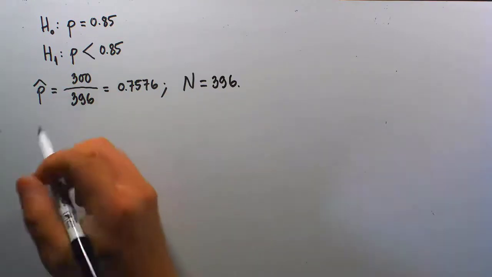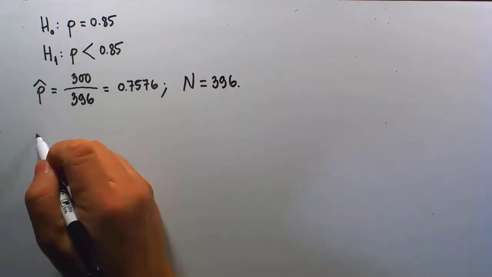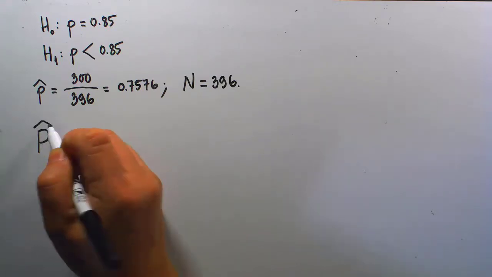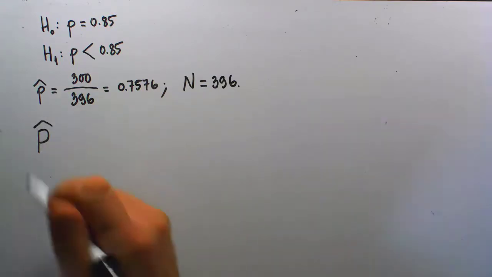In that way, recall from our days learning about the sampling distribution of a proportion, we can have a random variable capital P hat.